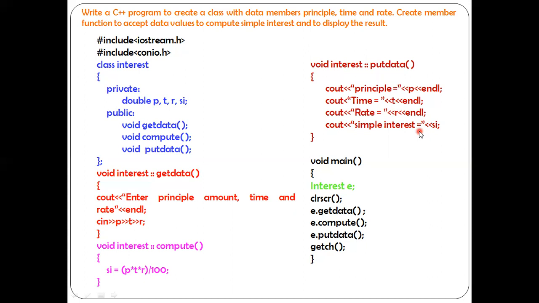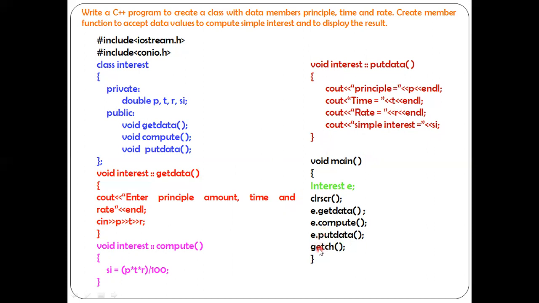And in front of the same line, SI. What exactly is SI holding here from the compute member function? It is holding the value 600. That 600 will be printed here in place of SI, and then the close flower bracket. Again, it comes to the void main function.